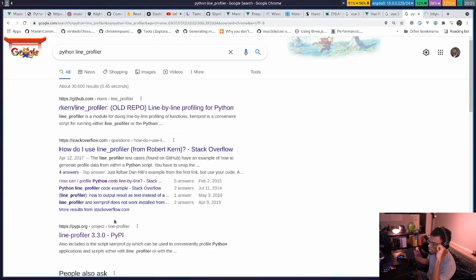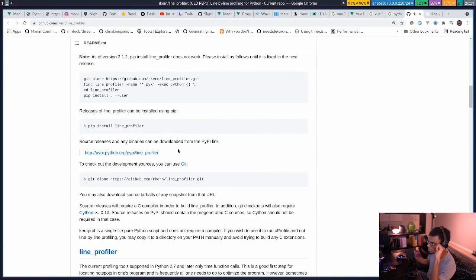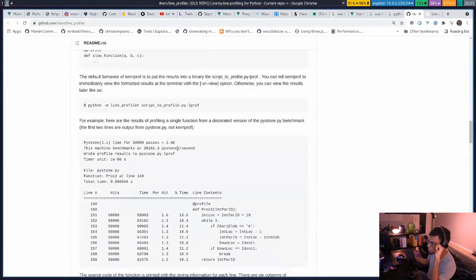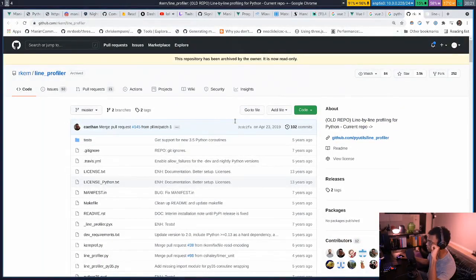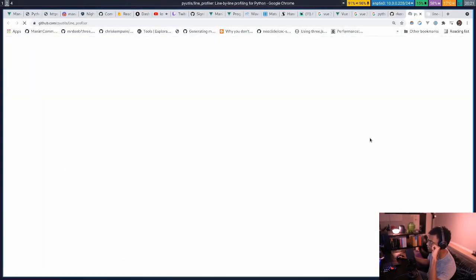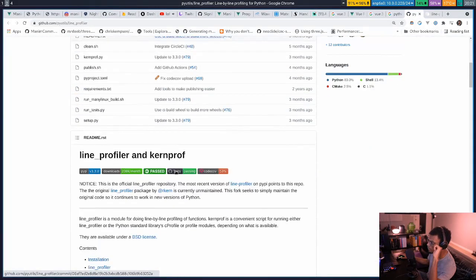Is this an old thing? That would suck because it's incredibly useful. Dang, it is. Oh wait, there's a current repo. Great.